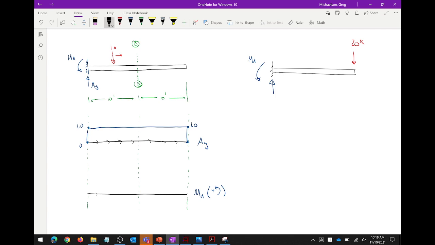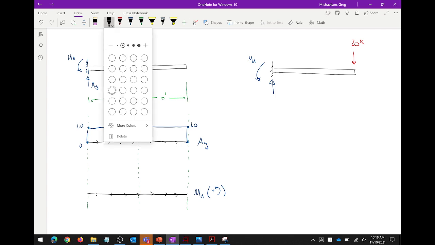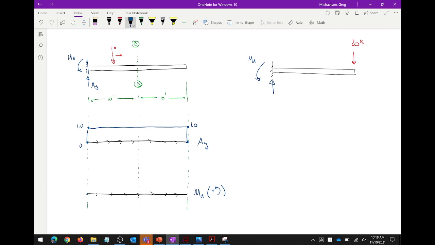So again, with moment influence lines, it is typical that you indicate your axis of rotation or your direction of rotation. So this is saying counterclockwise positive, and you'll see what it means if you do clockwise positive.